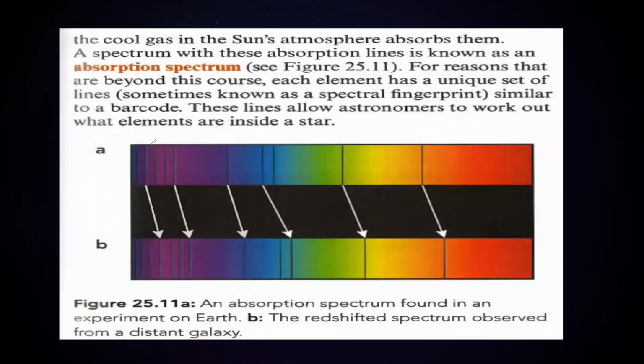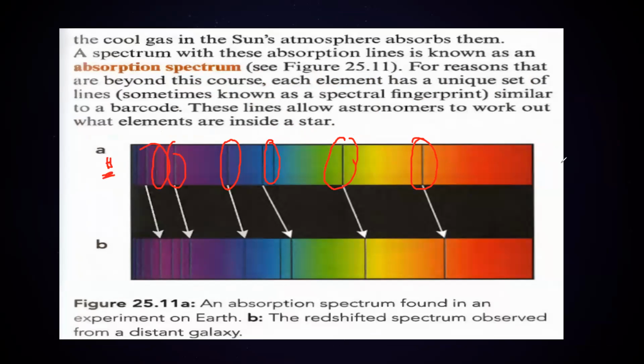So for example, say these are the lines. This is the line spectrum or absorption spectrum. Say this was a spectrum, meaning a group of colors is called a spectrum. This type of pattern we observe from hydrogen on Earth.